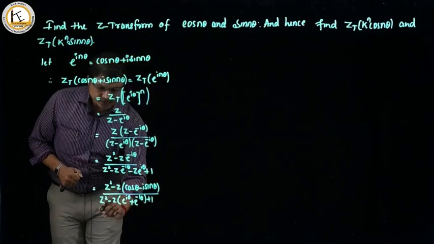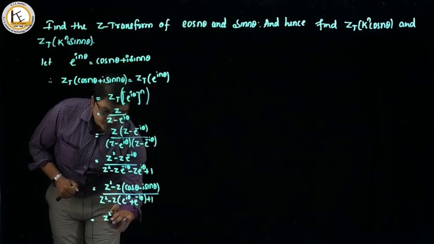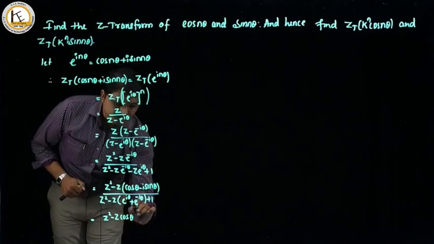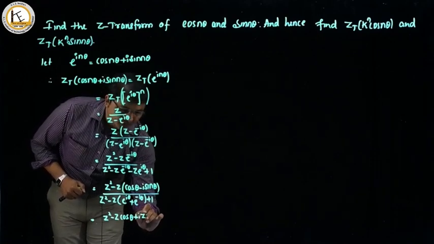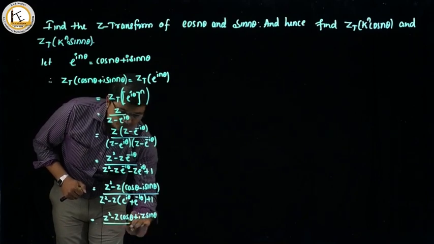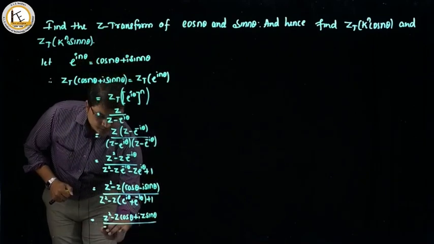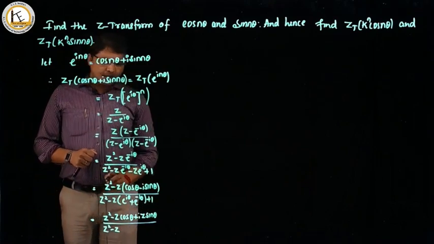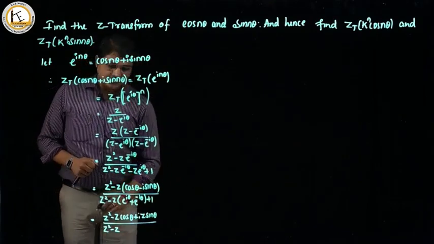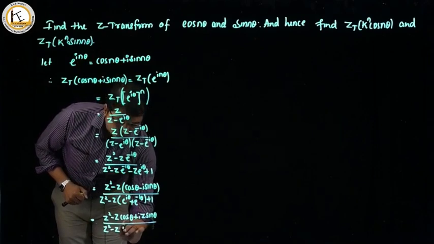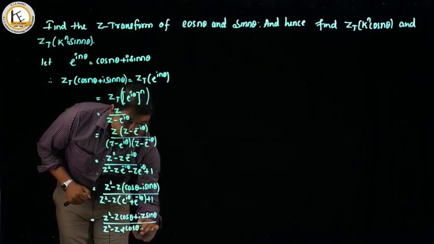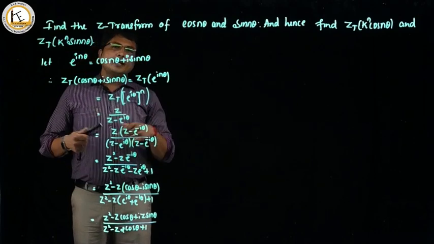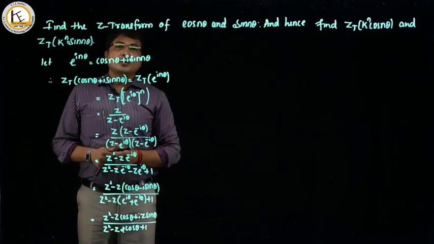So next is z square as it is minus, multiplying, z into cos theta plus i into z into sin theta, whole divided by z square minus z into this e raised to i theta plus e raised to minus i theta, which can be written as 2 times cos theta plus 1, because we have a formula e raised to i theta is nothing but cos theta plus i sin theta, and e raised to minus i theta is nothing but cos theta minus i sin theta.